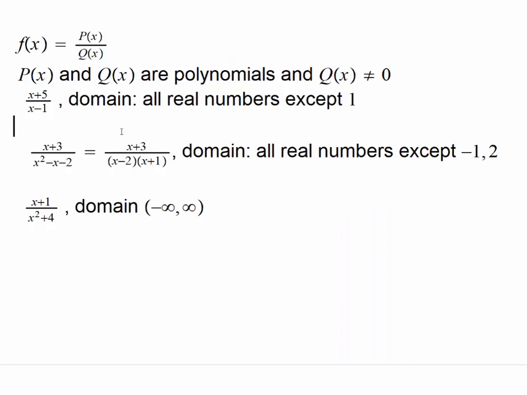In this case, you call x = 1 a vertical asymptote of this function.